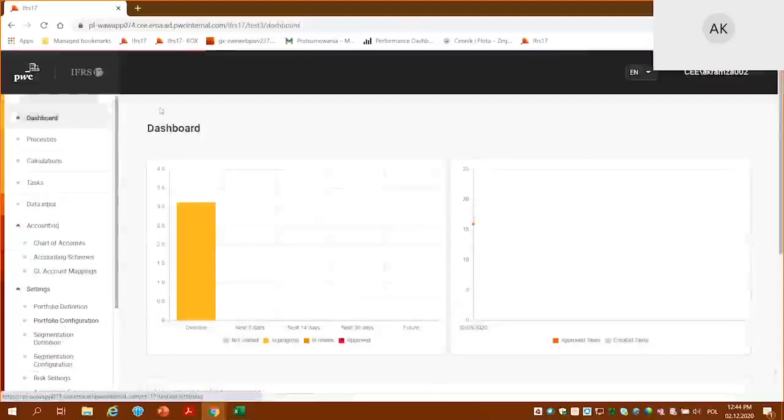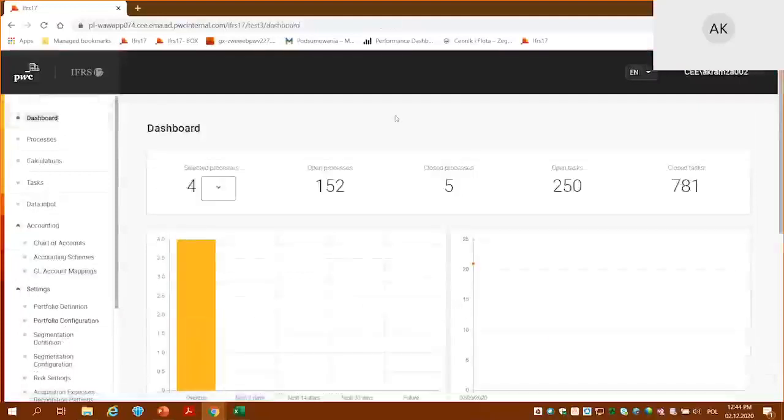So all of it, as I say, is governed through the embedded workflow engine. No satellite system is required.